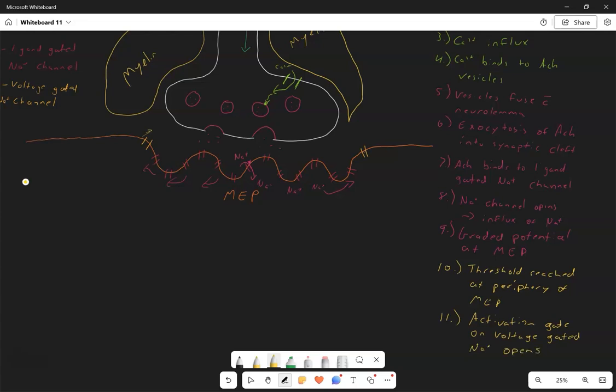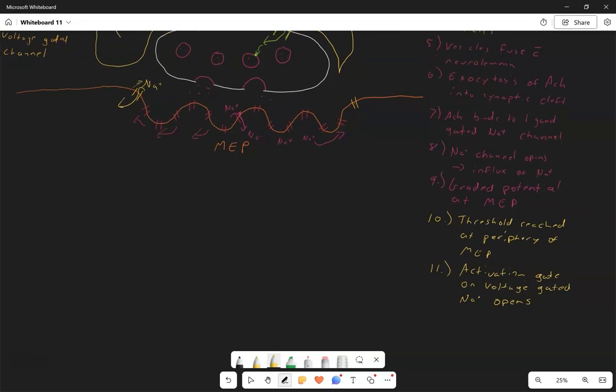So what's going to happen then is you're going to get a bigger influx of sodium into that cell. So we'll say influx of sodium, and that's going to cause that membrane potential to rise, which is going to lead to an action potential in the myofiber.